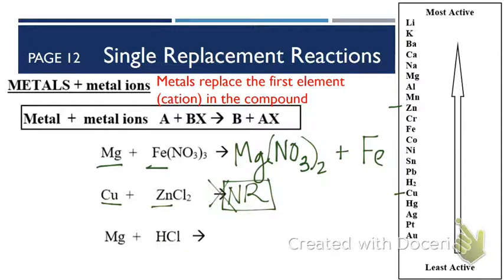So I'm going to do this third example with you too, but then I'm going to leave those last 2 or 3 for you to do. I might do one of them. So what elements do I need to check on my list? Magnesium and hydrogen. Looking at my list, magnesium is higher up.